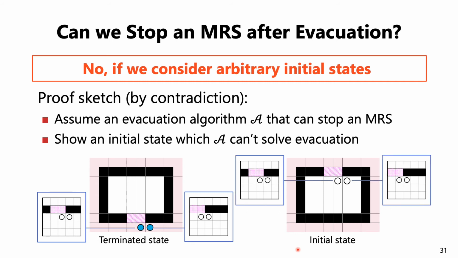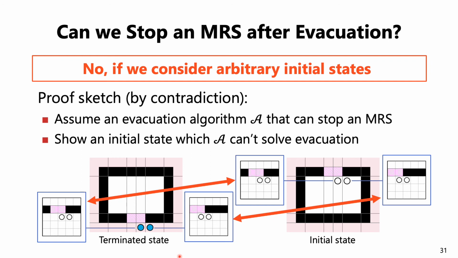These are the views for each module, and this is the initial state, so with these views, each module must move to evacuate. And in both states, each module has the same view. So with this view, a module must stay in the current cell in the terminated state, but it must move in the initial state with the same view.